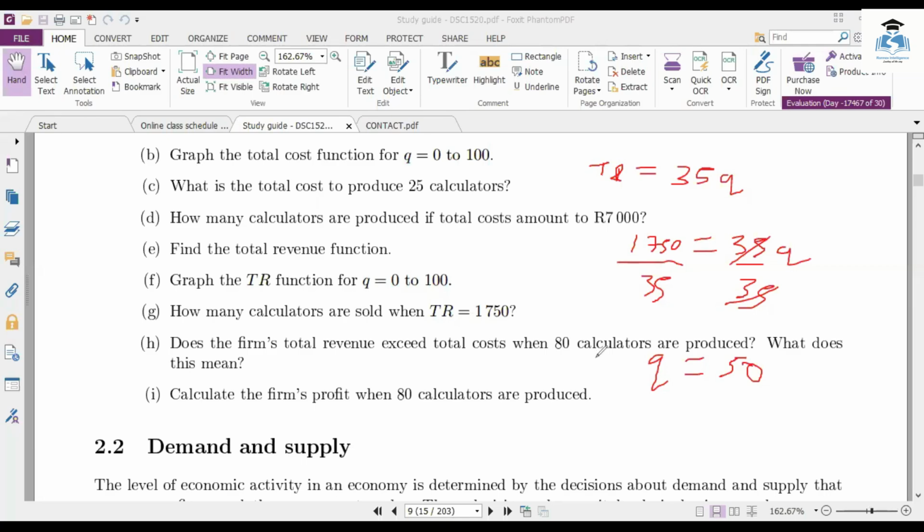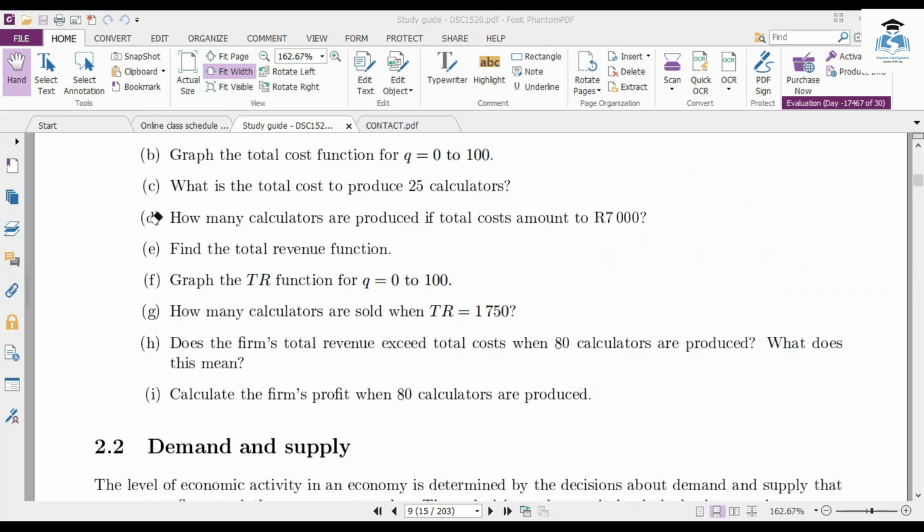That's it. So now, here's the question. Does the firm's total revenue exceed total cost when 80 calculators are produced? Any suggestion? What do you think we need to do here on H?